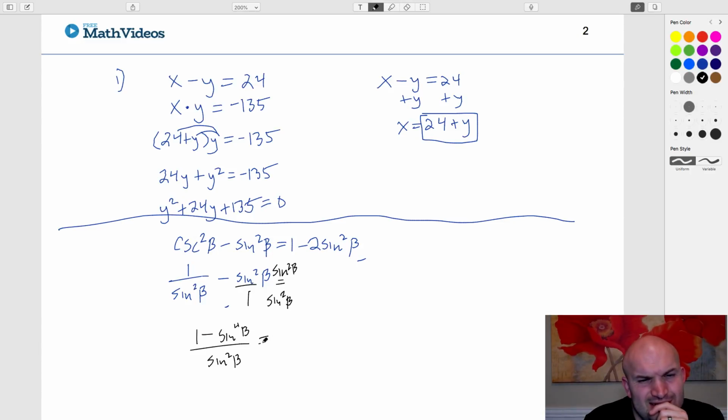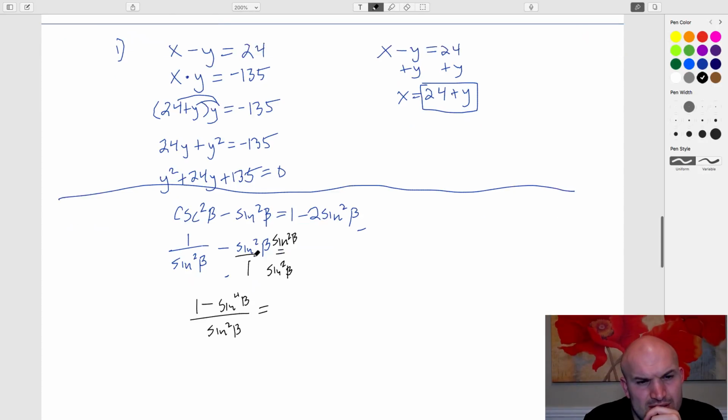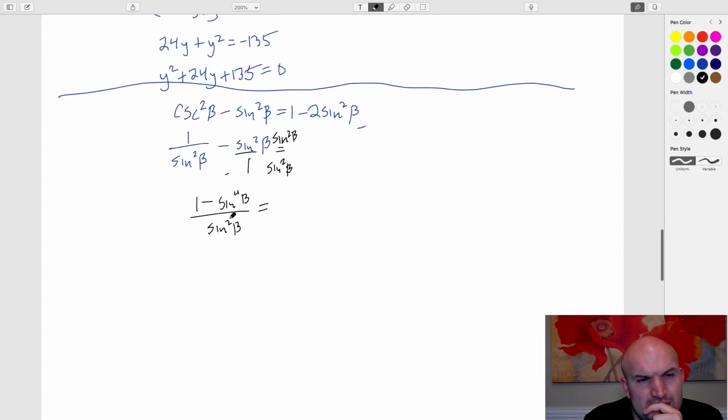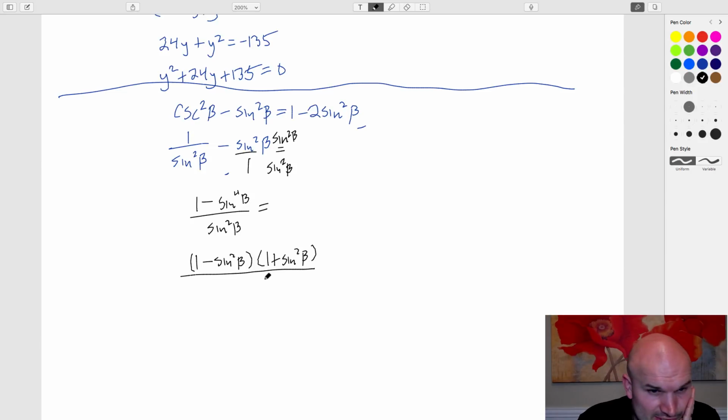Now, no, that's not going to help me out either. Let's see here. That would be (1 minus sine squared of beta) times (1 plus sine squared of beta). But I'm not really getting anywhere here, because then that would just take me back to sine.